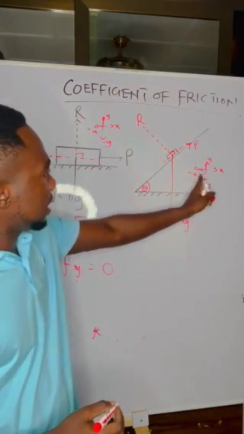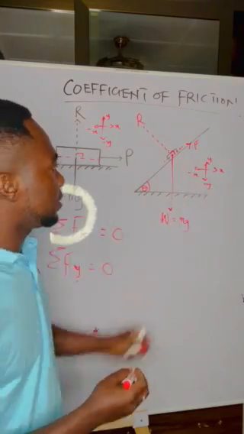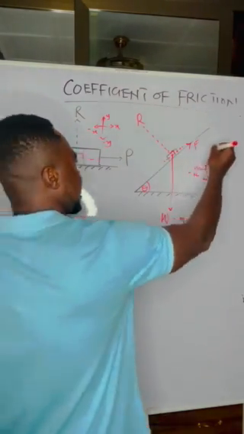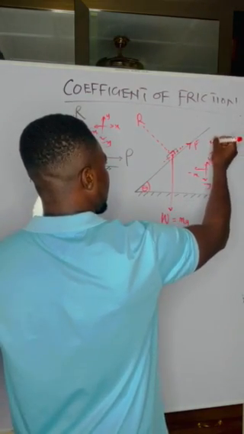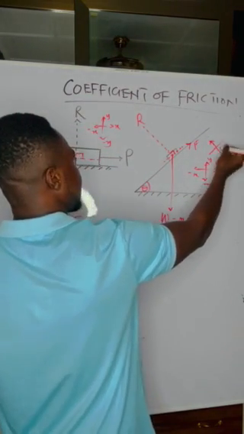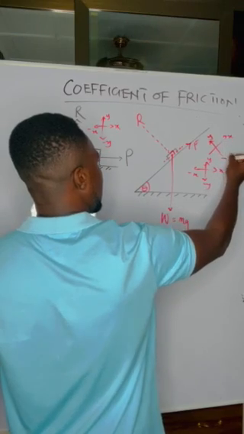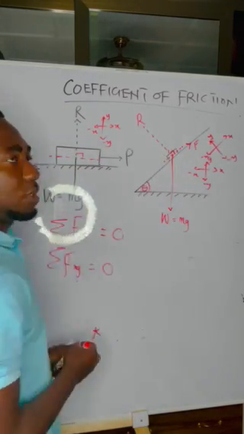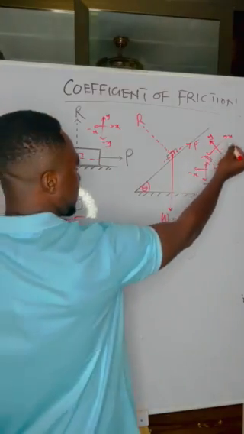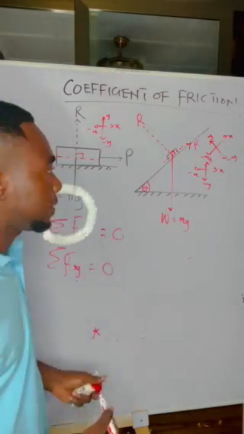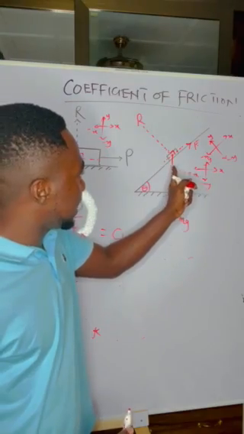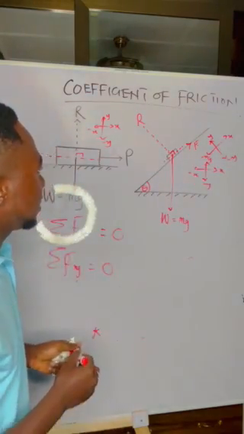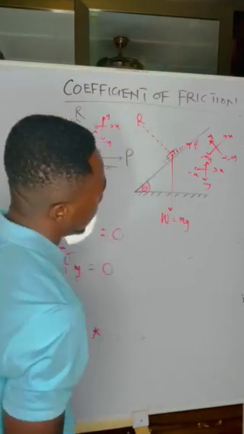R is not in this coordinate, that means we need to resolve R. Then F too, we need to resolve F. But when you choose your Cartesian coordinates in this form, you can see that your y follows the normal reaction, the x follows F. The only thing to resolve will be mg. So I think this Cartesian coordinate is the right choice.